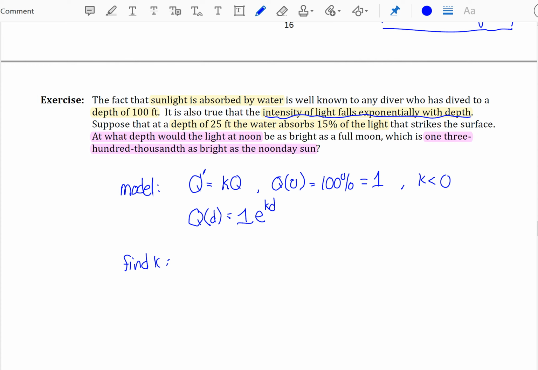To find k, we want to use the fact that at 25 feet, the water absorbs 15% of the light, meaning that Q at 25 feet, and be cautious here, if it absorbs 15% of the light, then there's actually 85% of the light remaining.